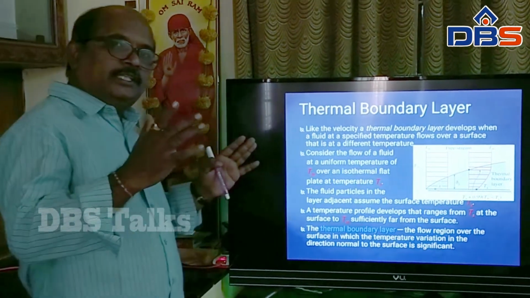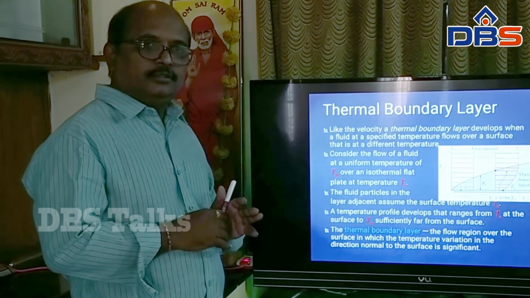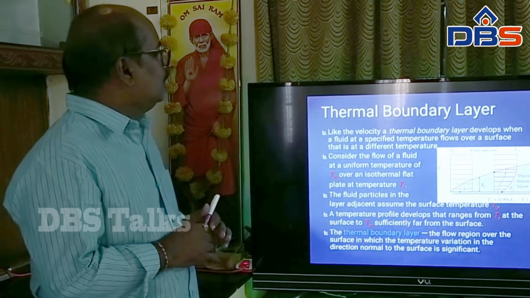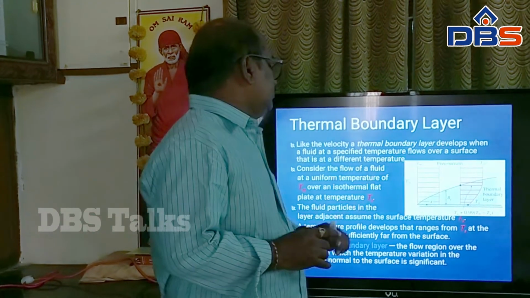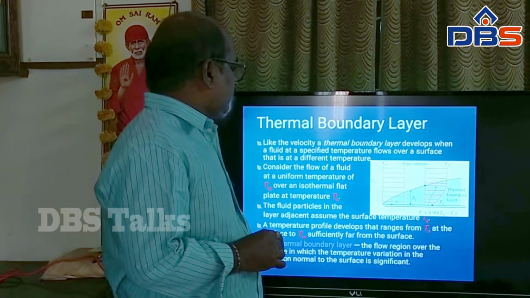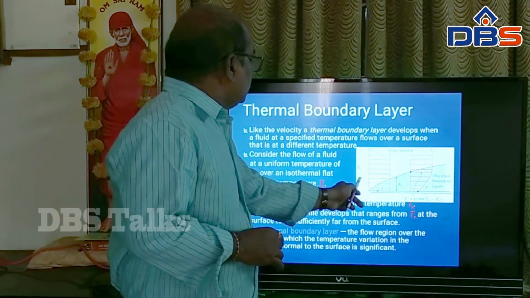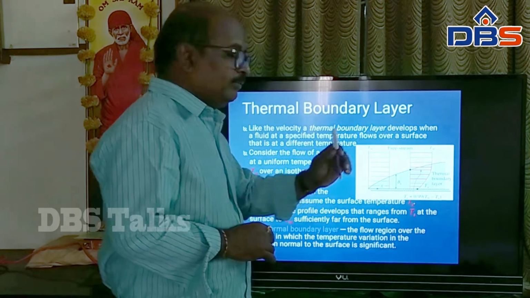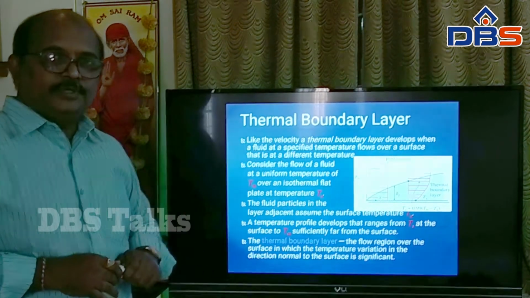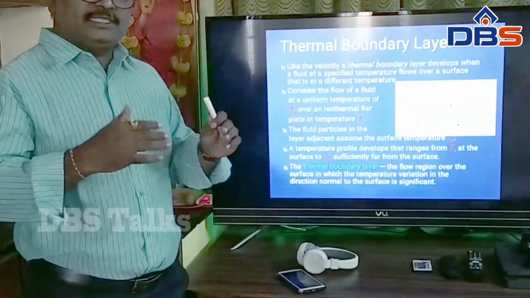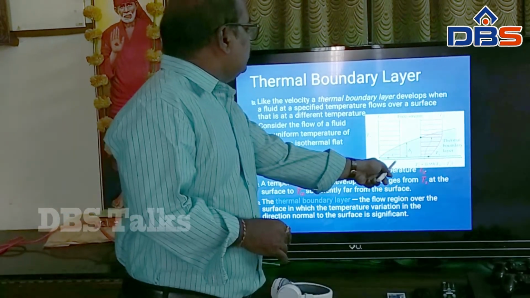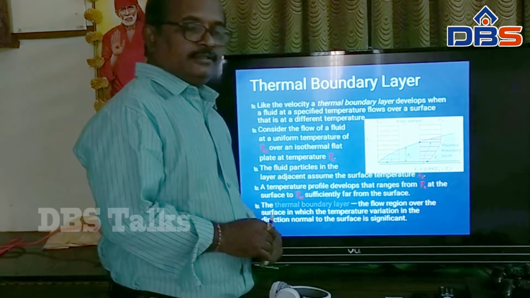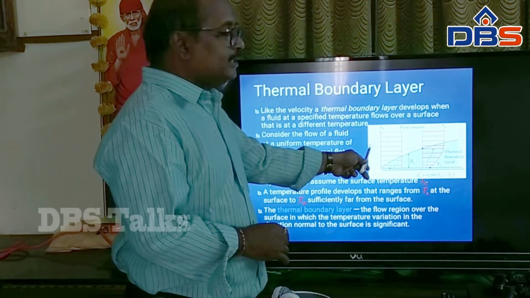Similar to that, there will be a thermal boundary layer also over a flow. So, very similar, there will be a flow over a flat plate. In previous cases, we discussed only how the velocity changes. So here, the temperature of the plate is Ts, and the temperature of the fluid is T infinity.